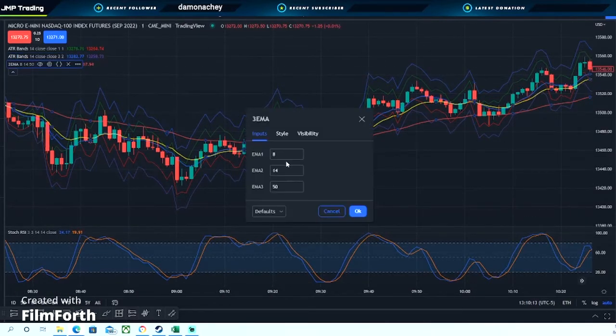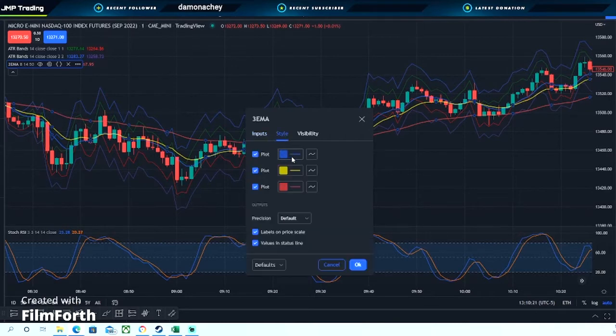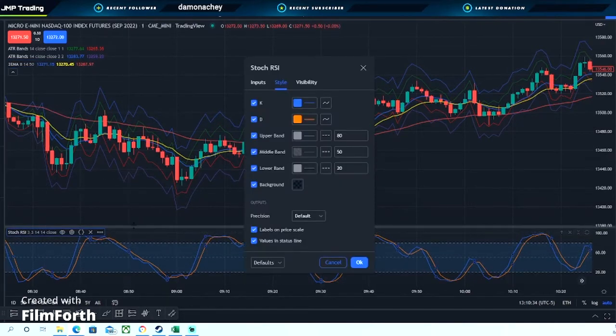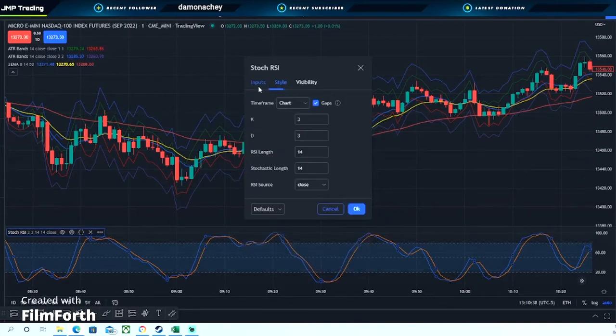And then on the 3 EMA, on the inputs, we're going to change the first EMA to 8, the second one to 14, the third one to 50. And I changed the colors to blue for the 8, yellow for the 14, and red for the 50. And then the settings for stochastic RSI are default, 14 3 3.